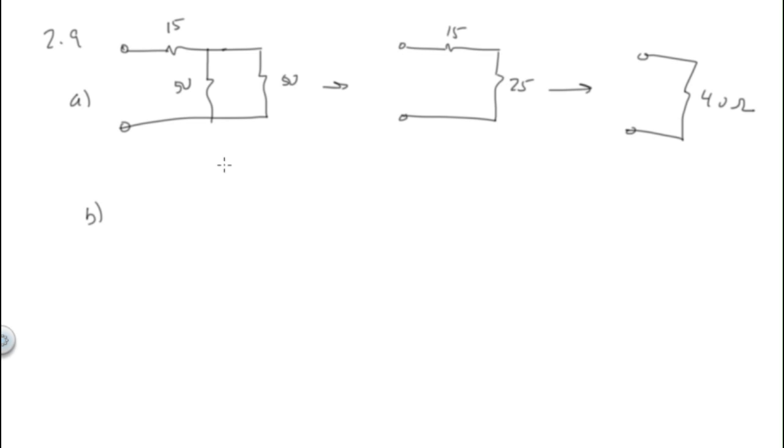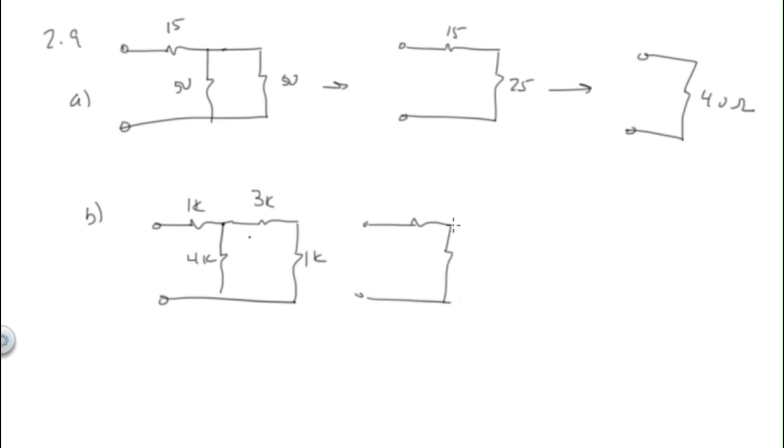B would be 1K, and then 4K, and then 3K and 1K. So here we combine the 3K and the 1K. That becomes 4K. So you can redraw that and say, okay, I have 4K here, and I have 4K over here. 4K, 4K, and 1K.